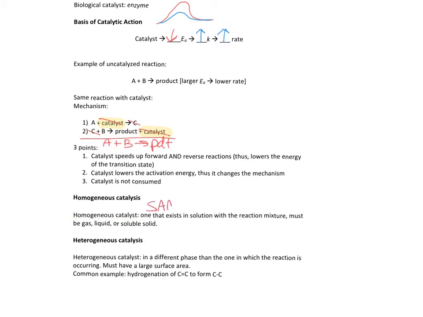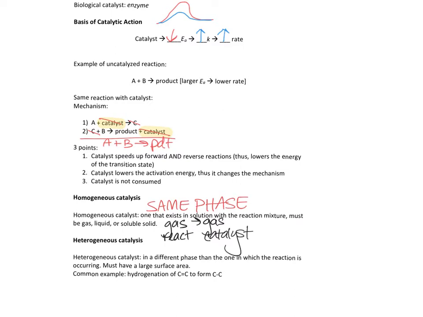Say the reactants are aqueous, dissolved in a solvent. That means the catalyst is also dissolved in a solvent. Let's say the reactant is a gas, then that means the catalyst is also in the gas phase as well. So a homogeneous catalyst just means that they're in the same phase.